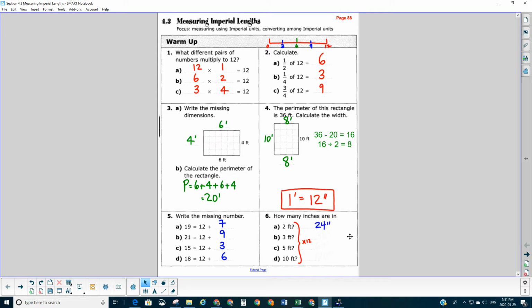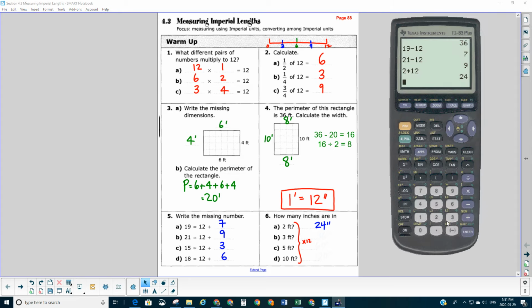And you get more and more comfortable with multiplying by 12 as you do more and more inches and feet. 3 times 12 is 36. The way I think of that one is 3 times 10 is 30, and 3 times 2 is 6. Add those up and I get 36.